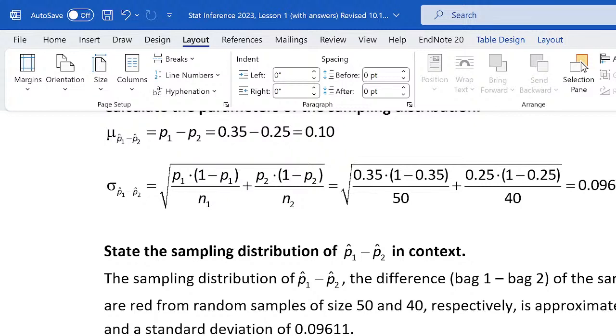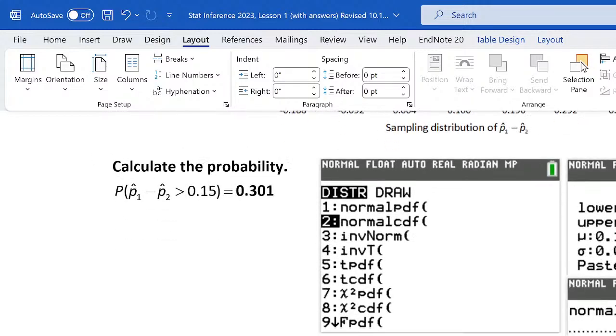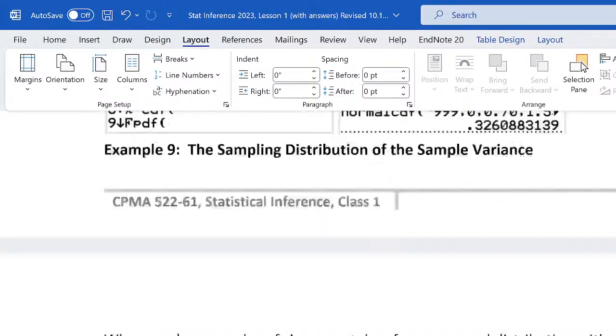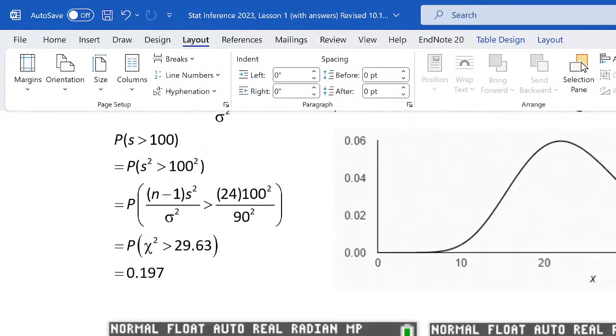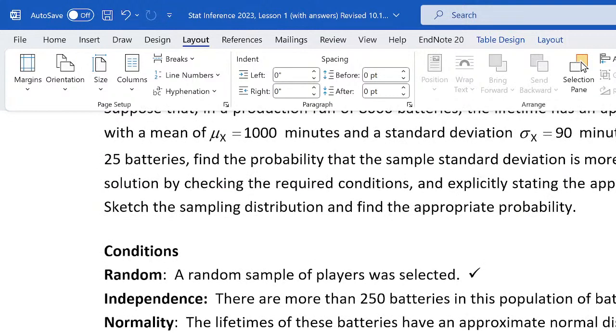This is a chi-square random variable, and do I have a value for that? Yeah, I built it down there. That value is 29.63, and this has 24 degrees of freedom.